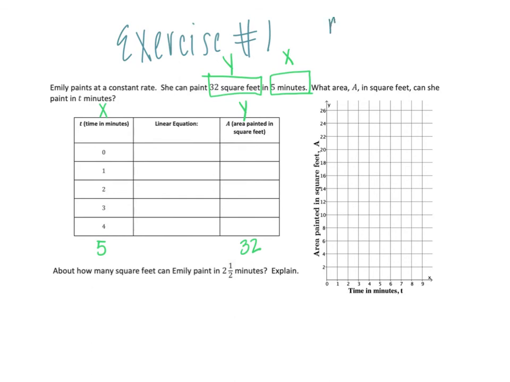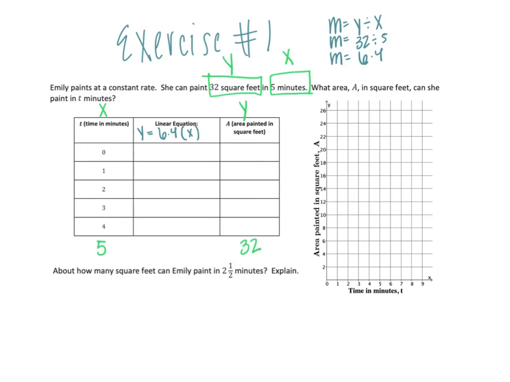I'm going to go ahead and help you guys find the constants. So m equals y divided by x. In this case, my y is 32 and my x is 5. So my constant, let me do it in my calculator real quick, is going to be 6.4. So my linear equation for this is y equals 6.4 times x.